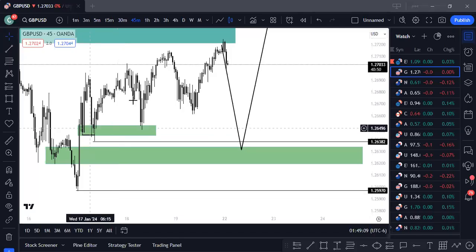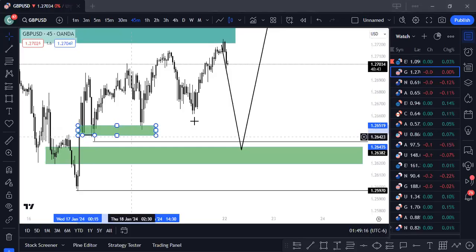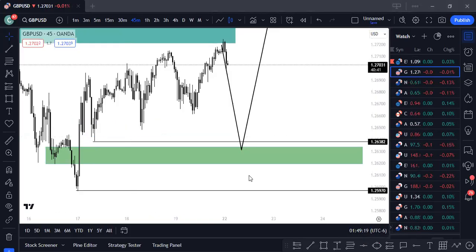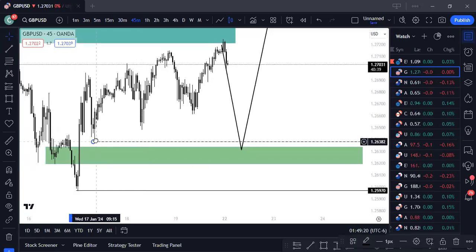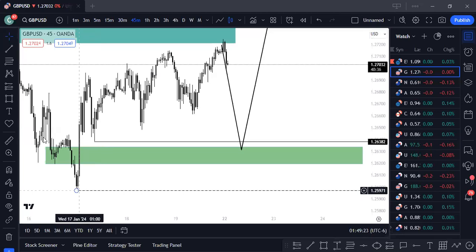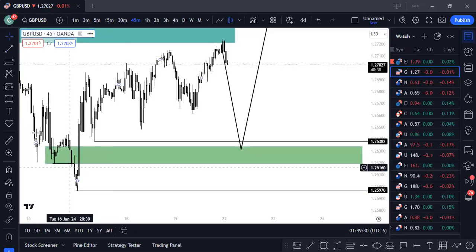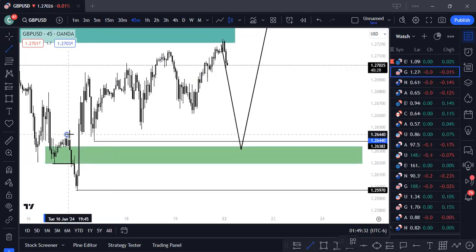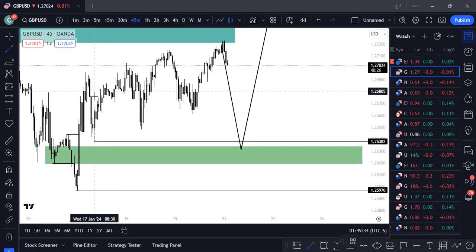I won't consider this valid though. Instead, I would rather just wait for this. Because remember I told you the lowest low to the protected low is your structural liquidity. This is where it all happened. This was the initial sweep. This was the break of structure, right?